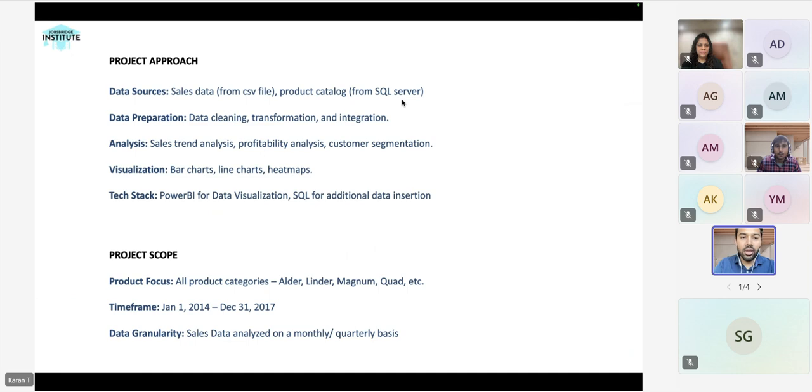Looking at the approach, this is a four-step approach that we are using. We'll be importing data from the data files that we had. We'll prepare the data which we did in the previous weeks.